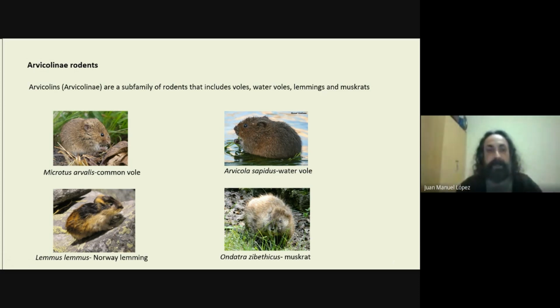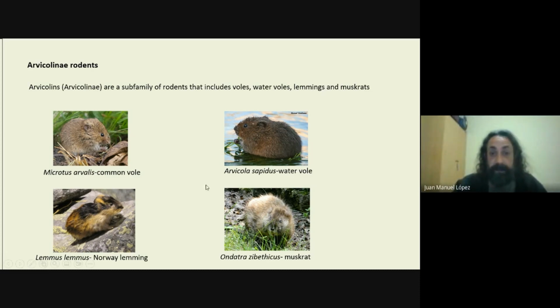and make a multi-proxy analysis in sites with all the things that you can study, to make the interpretations of the sites. In the case of the Quaternary, Arvicolinae rodents, these kinds of voles and lemmings, are the most interesting family to use for chronological interpretation of the sites because they evolve very quickly, and we have a lot of species from the early Pleistocene to the Holocene.